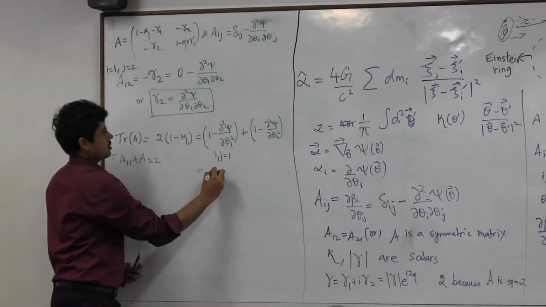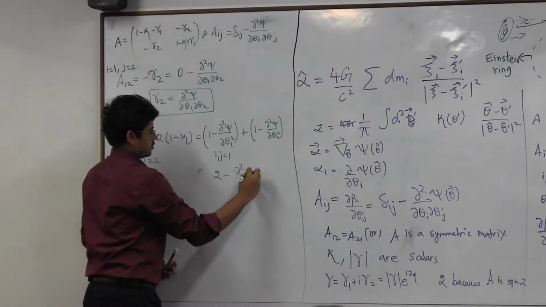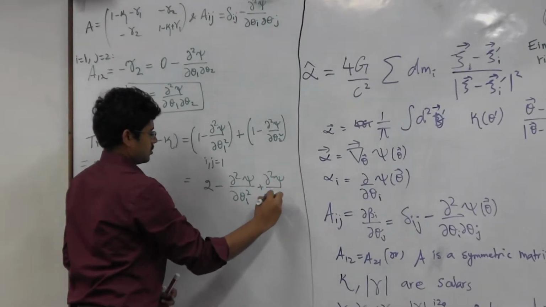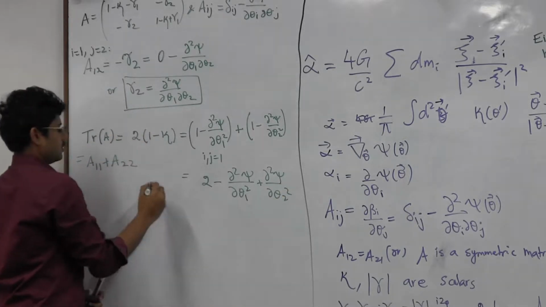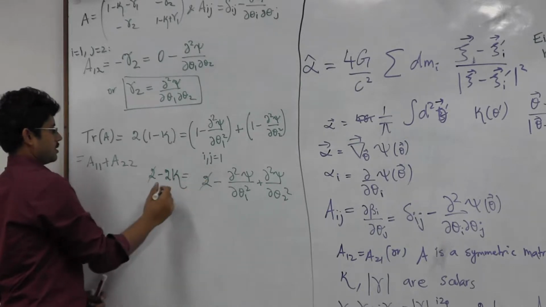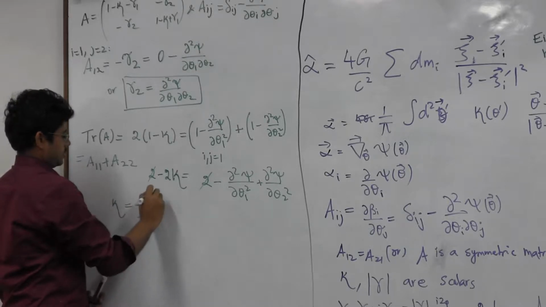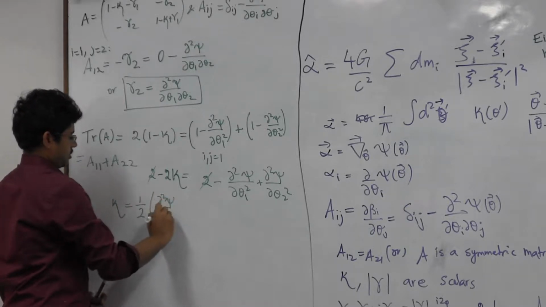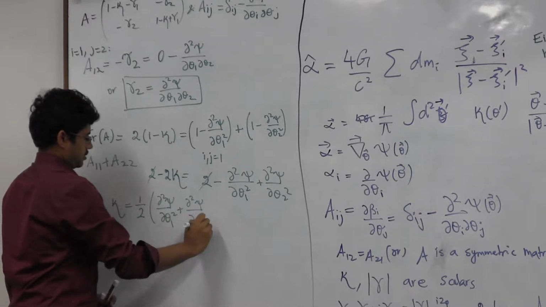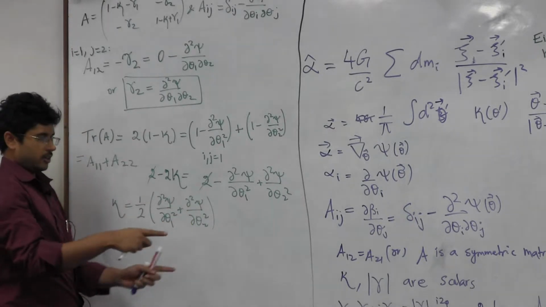So you get 2 minus, so the 2 cancels, and then you can get kappa as, so this is independent of your choice of coordinates.